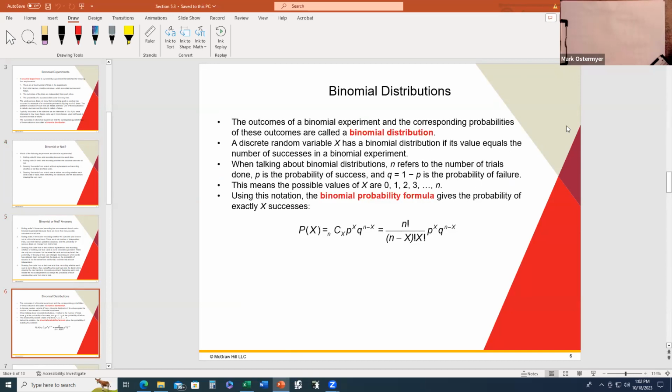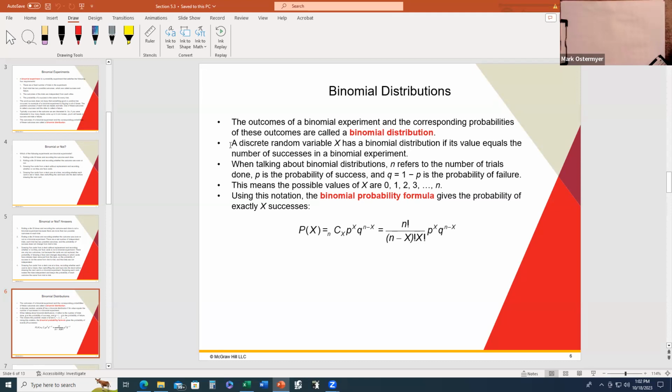All right, ladies and gentlemen, let's now begin to introduce ourselves to the binomial probability distribution function. The outcomes of a binomial experiment and the corresponding probabilities of those outcomes comprise what is known as a binomial probability distribution. A discrete random variable x has a binomial distribution if its value equals the number of successes in a binomial experiment.